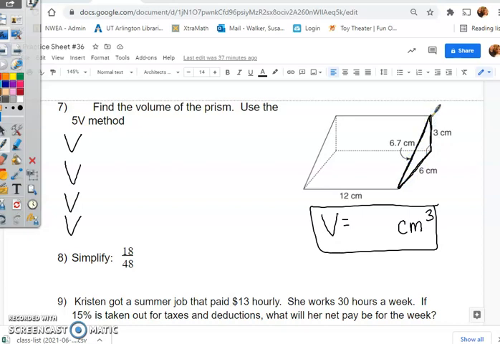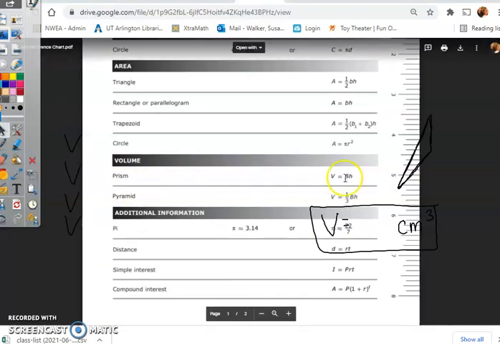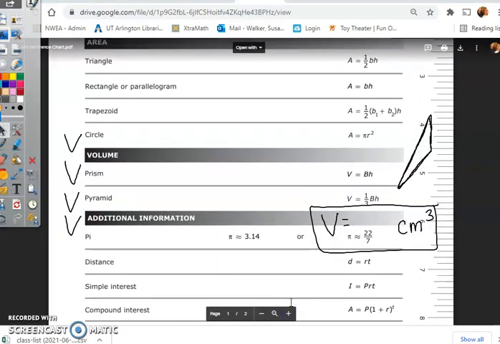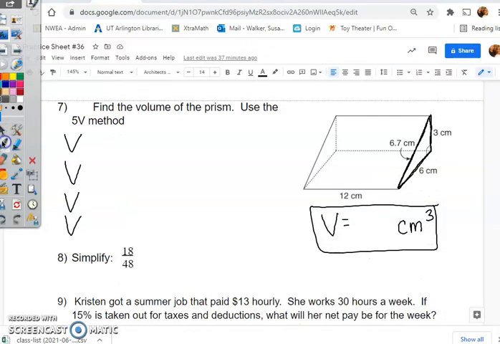Okay. So formula, V equals big BH. And remember, big B means area of base. Okay? So, what is the shape of the base?